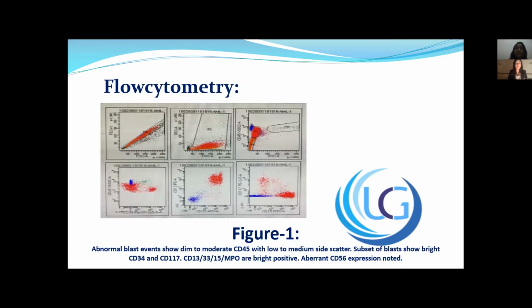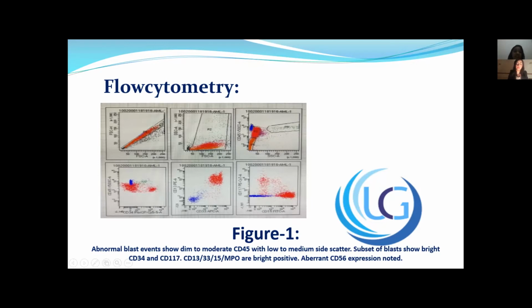This is a flowcytometry after the first relapse, which showed MRD of 0.6% of all viable nucleated cells. Here, in the third image, the orange indicates erythroids, the red indicates blasts, the blue color indicates lymphocytes, and the green color indicates granulocytes.